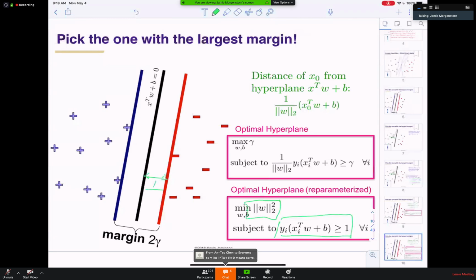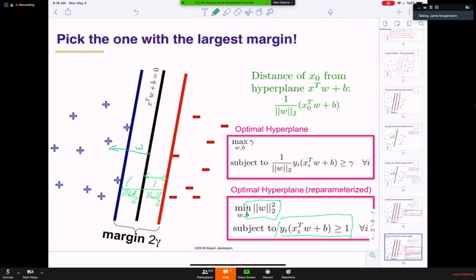One of the nice things about this reparameterization is that the margin can be written in this way, where W, again as a reminder, was the vector here. There are a number of reasons you might want to do this.